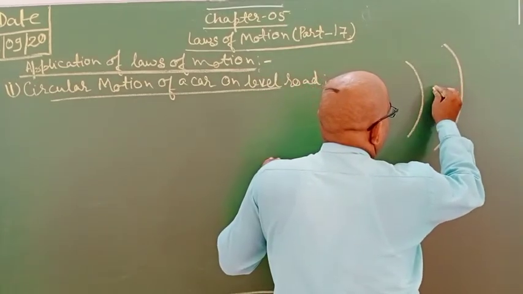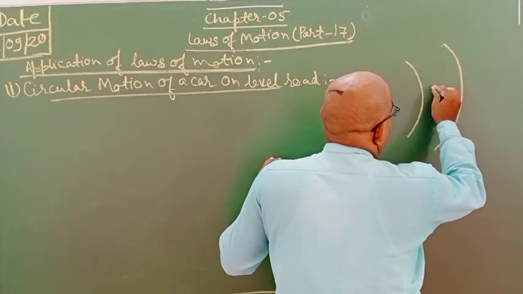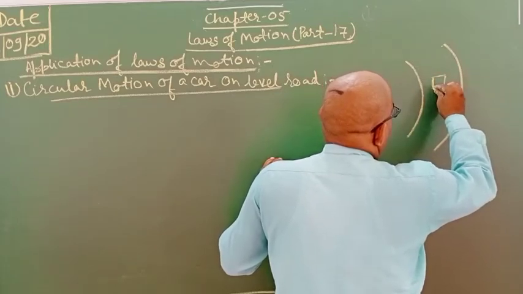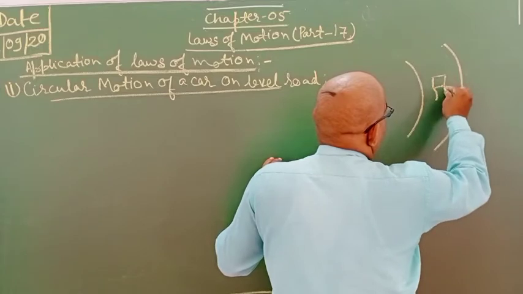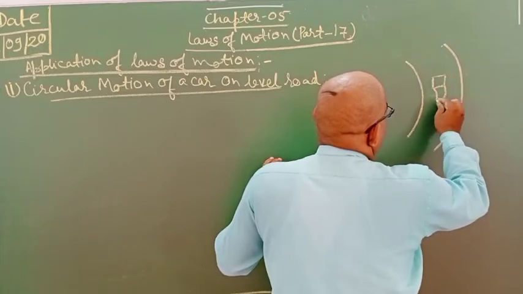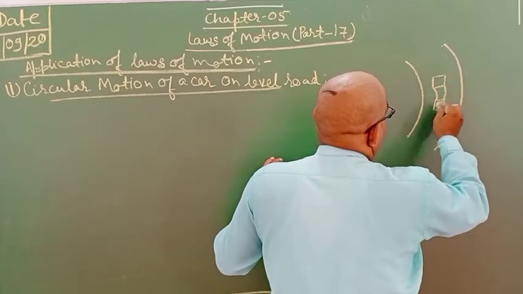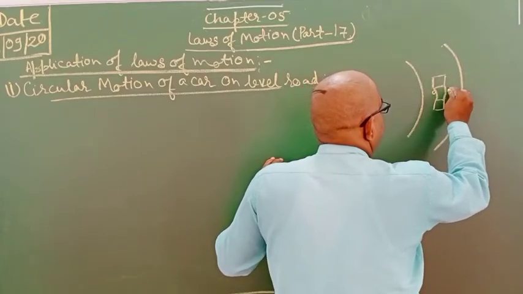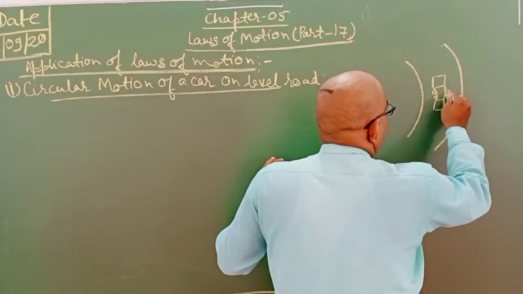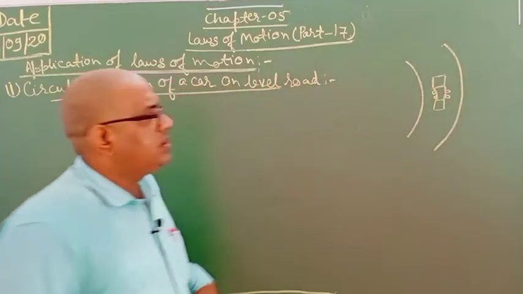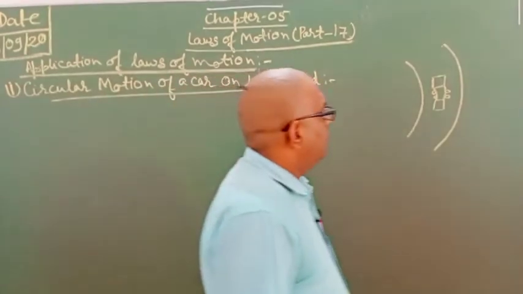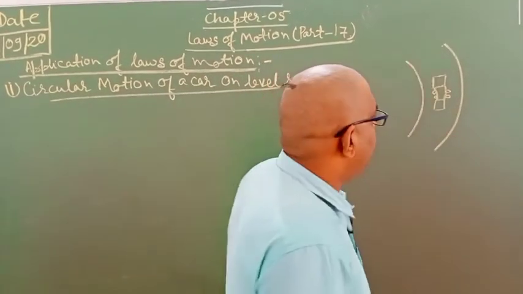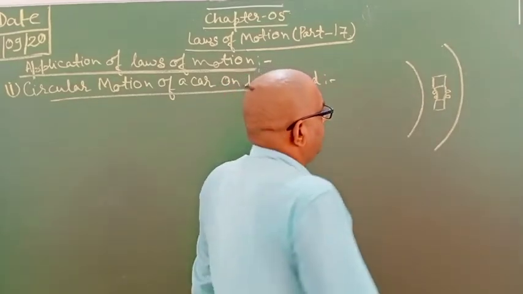Suppose this is a car, and this car is taking a turn on the circular road. So look at here.